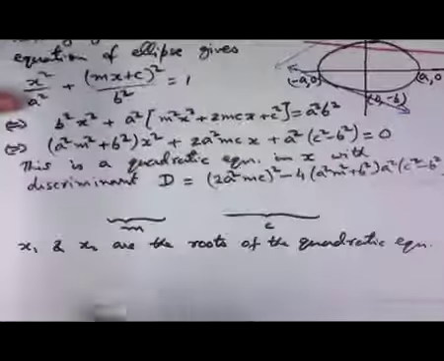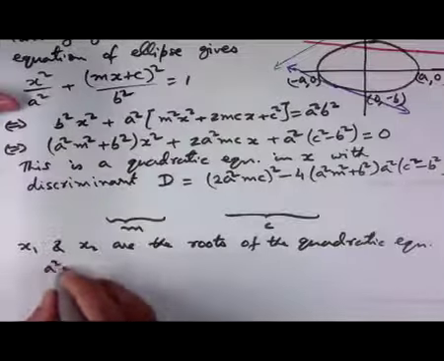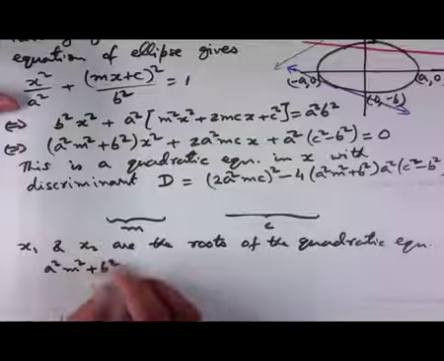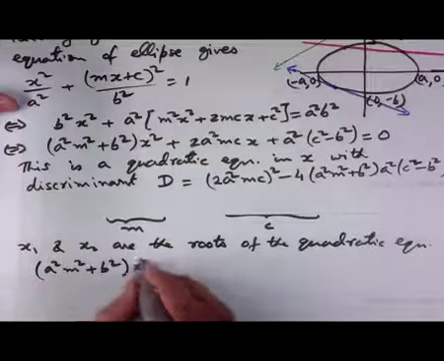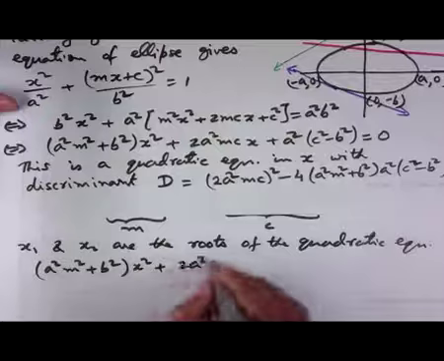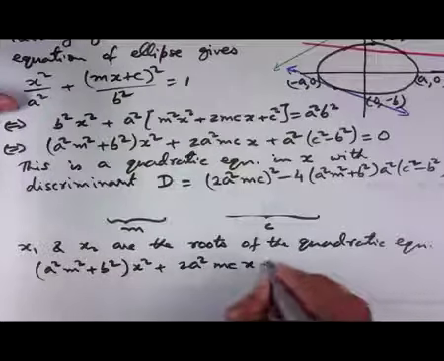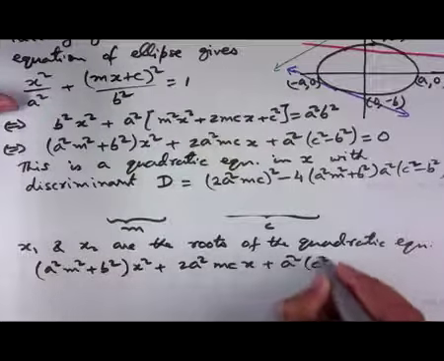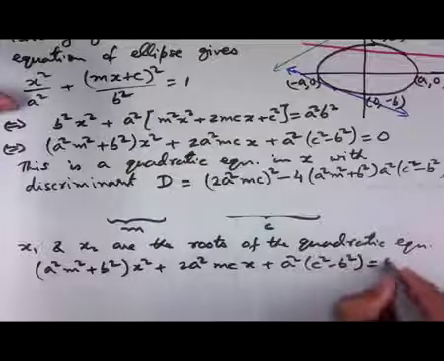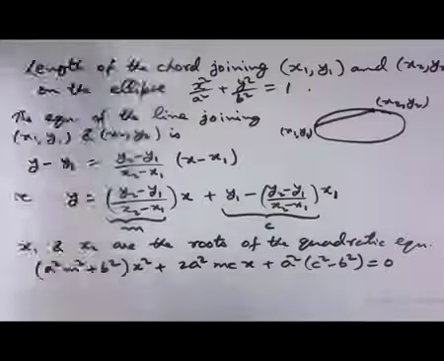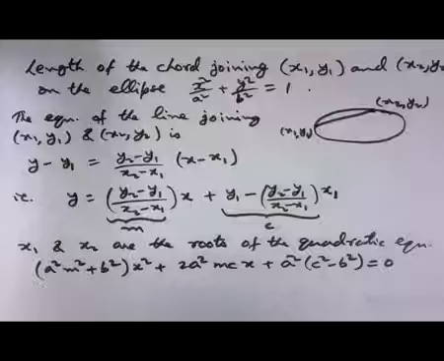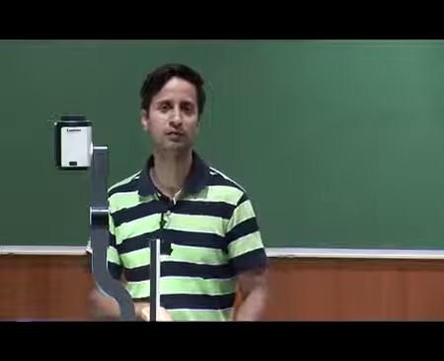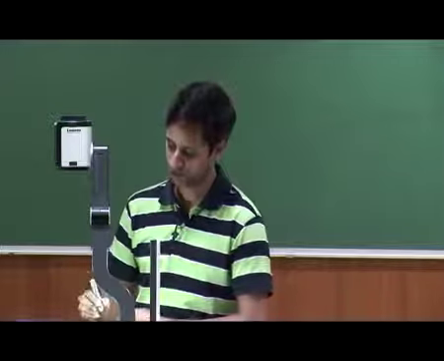So, let us write it down: (a square m square plus b square) x square plus 2 a square m c x plus a square c square minus b square equal to 0. Now, we know that if x1 and x2 are roots of a quadratic equation, then we can write down formulas for x1 plus x2 and x1 times x2.